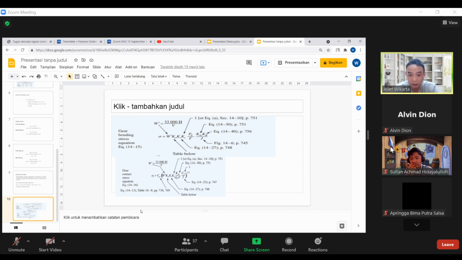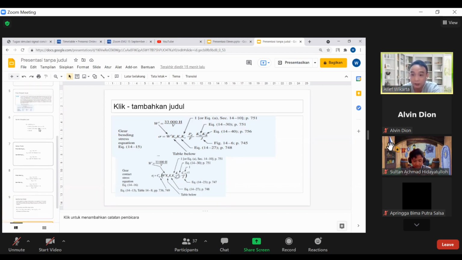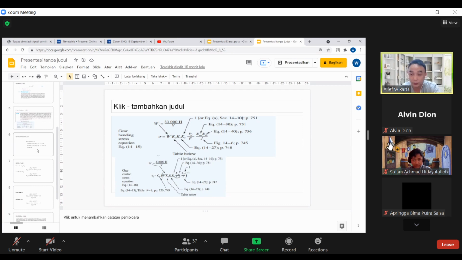It's just using WT equal to 33,000 H divided by V. That's all, without KO, because that's the allowable. What is allowable, right? The allowable load is coming not from the spool gear, but from outside information.